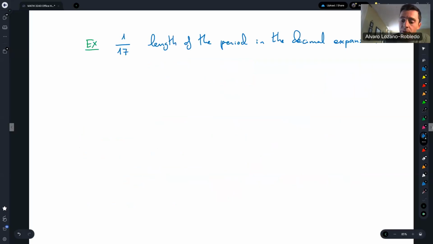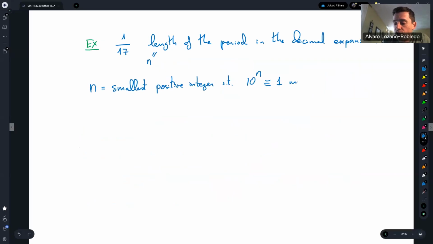The length of the period: if the length is n, n is the smallest positive integer such that 10 to the n is congruent to 1 modulo 17.